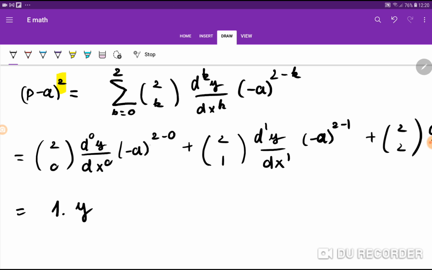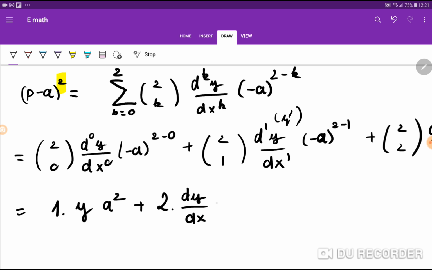And negative a to the power of 2 is a squared. Plus 2 choose 1 is what? Can anyone tell me? I plug in the calculator, it's 2. d^1 y over dx^1 just means y prime.